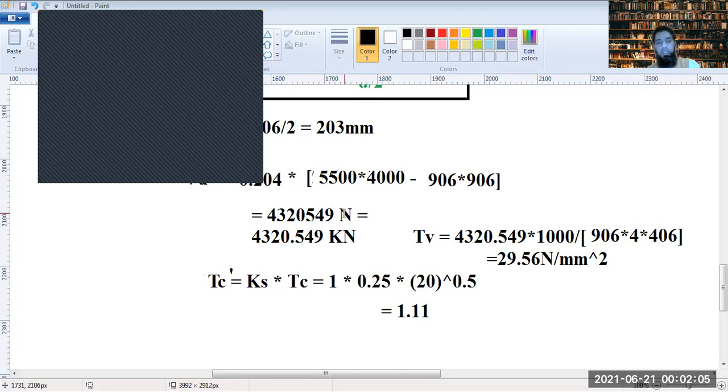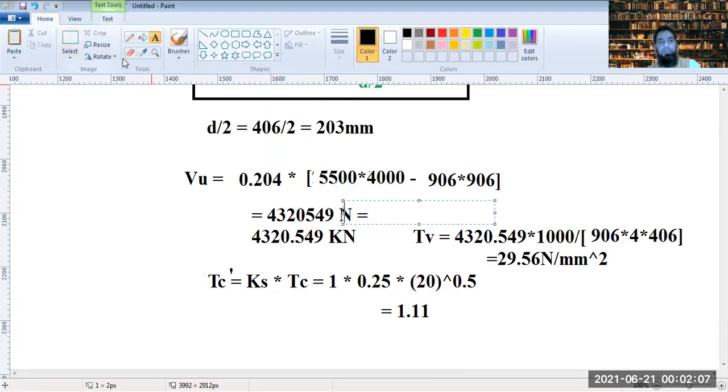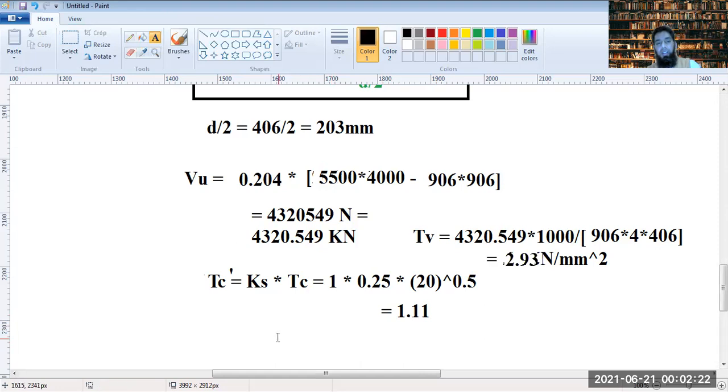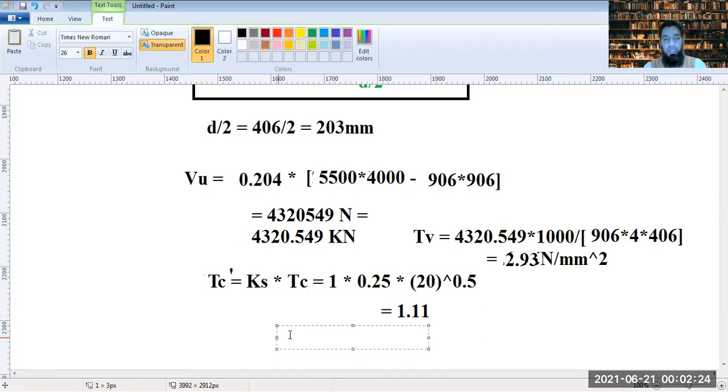It's 2.93. This is 2.93. That's coming out to be greater, tau v is coming out to be greater than tau c dash.